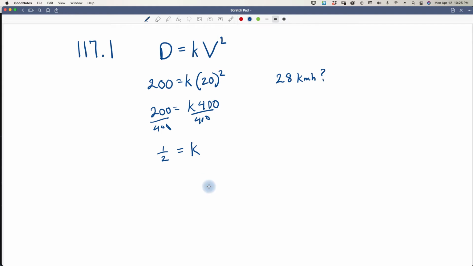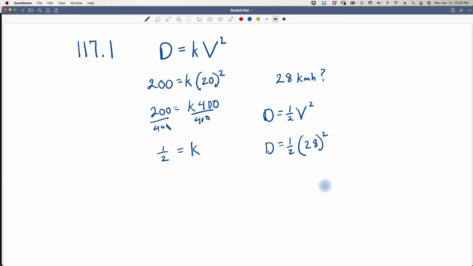Half is k. So now we put that in. Distance equals half the velocity squared. Now we put in our new velocity. So the distance equals half 28 squared.